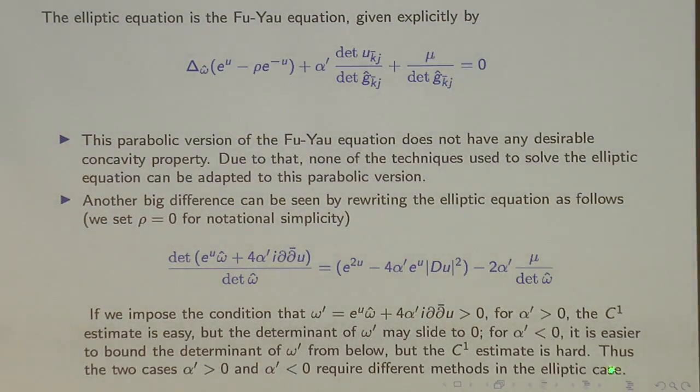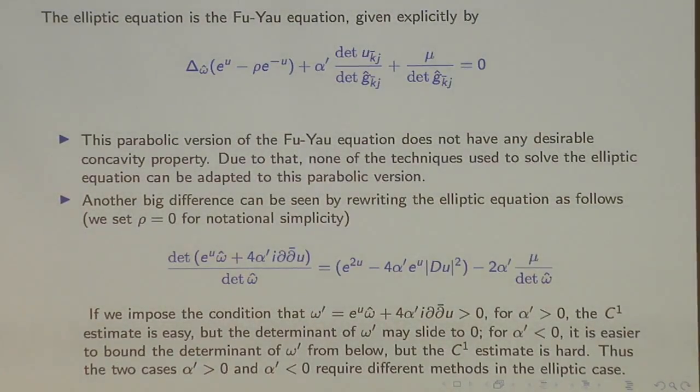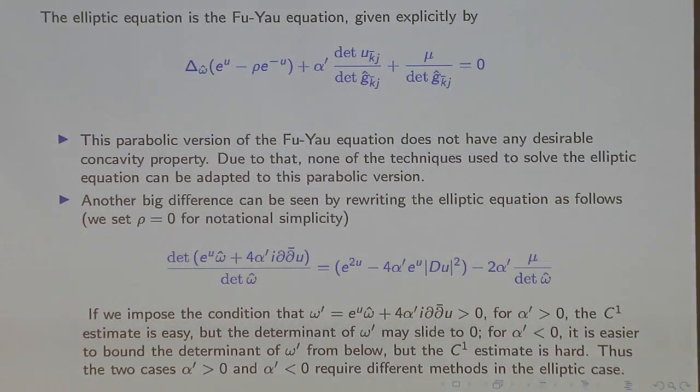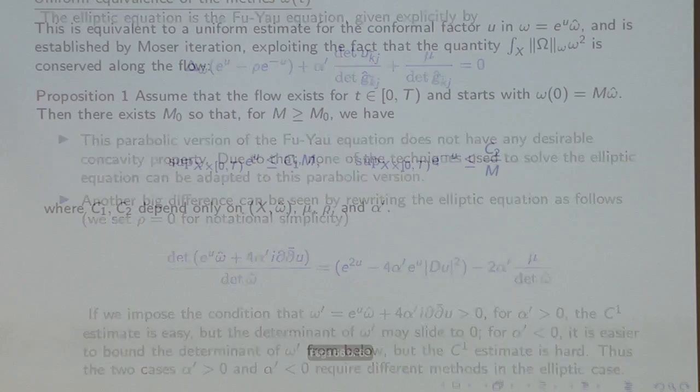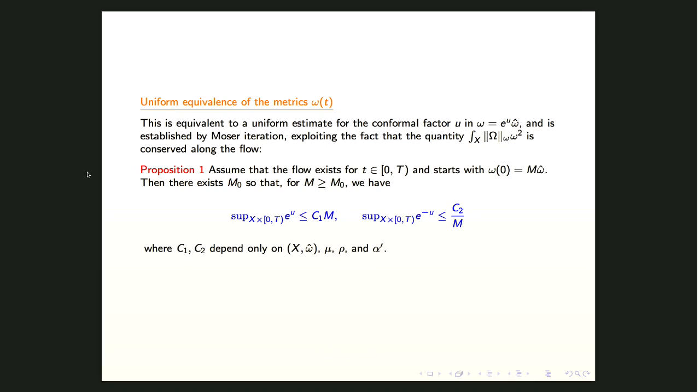Now, on the other hand, if alpha prime is negative, then this is very easy to bound, but the problem is that the determinant may slide to 0. So if you wish, in PDE parlance, in one case the hard estimate is C2, the other one, the hard estimate is C1.